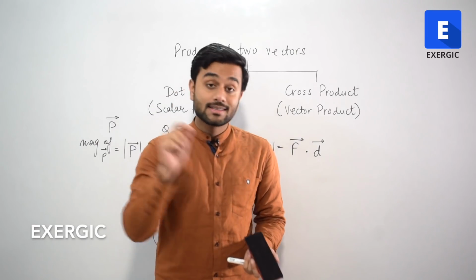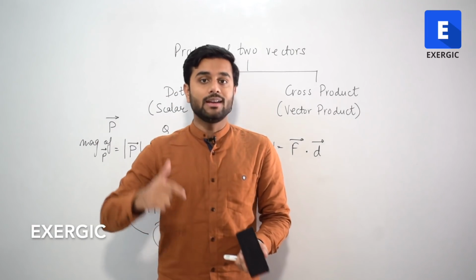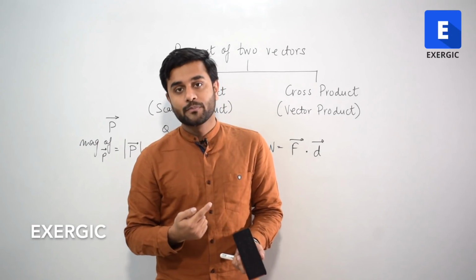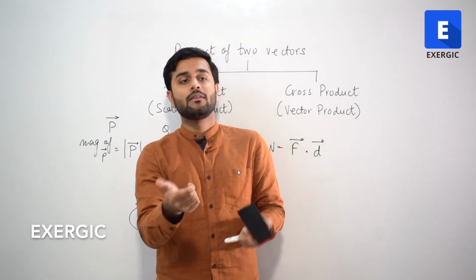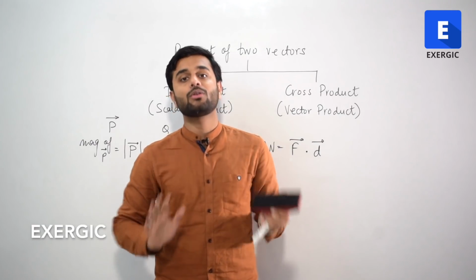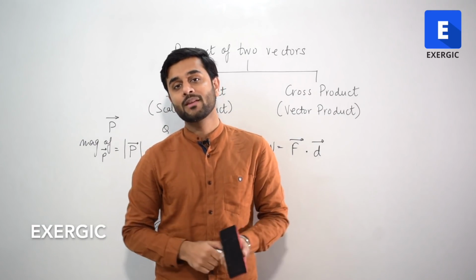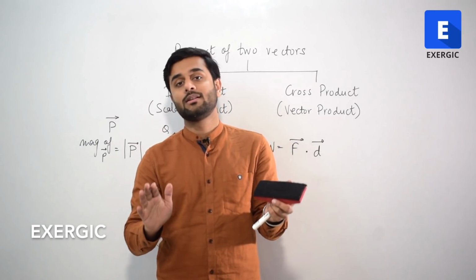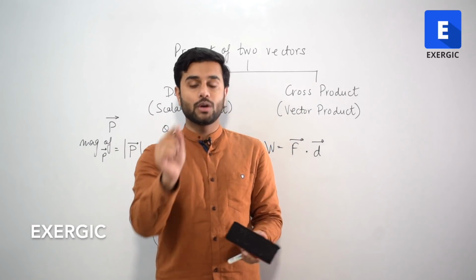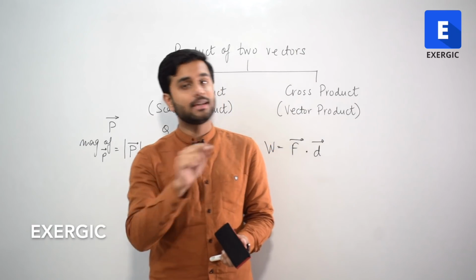Right? In the same way, we will also define dot product and cross product. Dot product is a tool which helps you in knowing whether two vectors are perpendicular or not. How? If two vectors, irrespective of their magnitude and direction, are perpendicular, what will be the angle between them? 90 degrees.